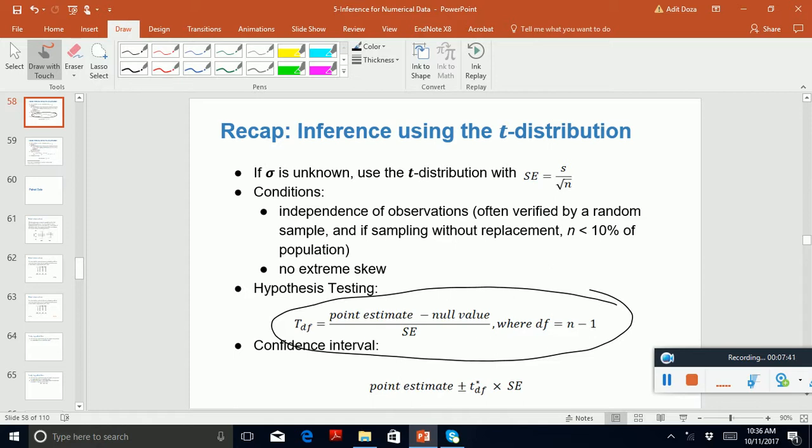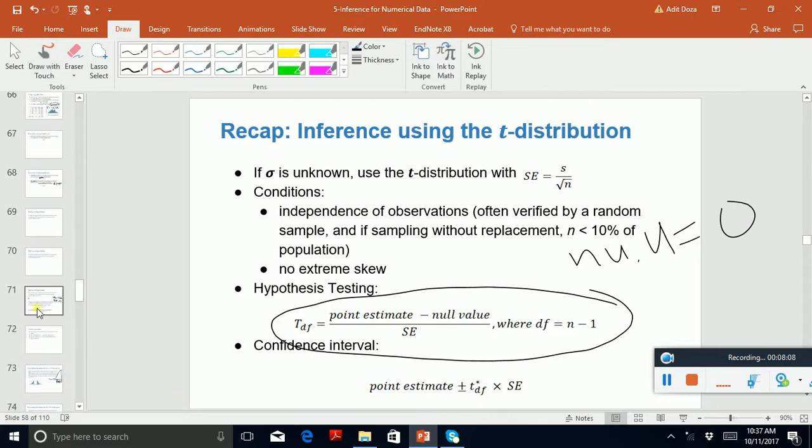So the null value will always be 0 if the null is that there is no difference. And you always have to consider the degree of freedom for the t-stat. So here, n is 200, so the degree of freedom is 199, right?